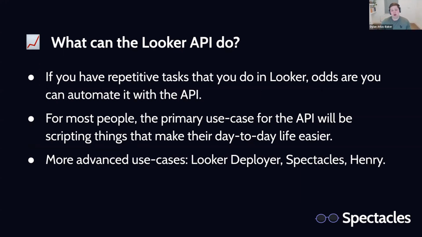There's a second category then of things that are built with the Looker API. These are more advanced use cases, typically building a whole application or a whole service or a command line interface using the API.